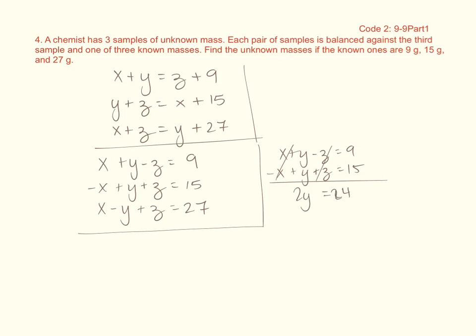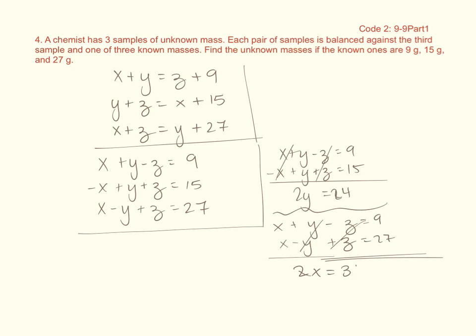And then I'm going to add my third and my first together. So I get x plus y minus z equals 9, x minus y plus z equals 27. So my y and my z cancel out this time, and I'm left with 2x equals 36.